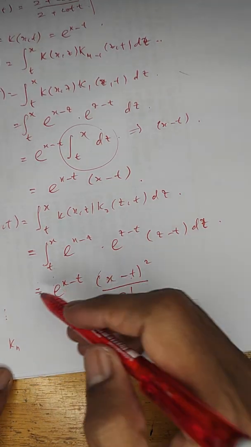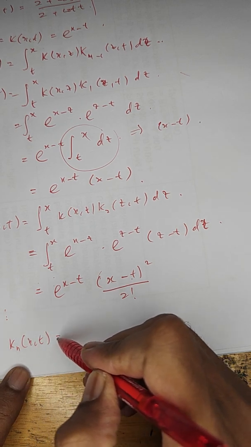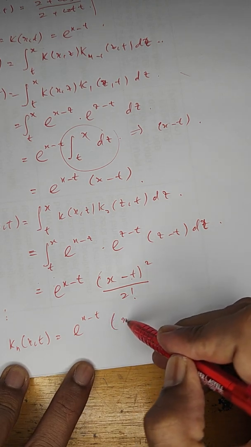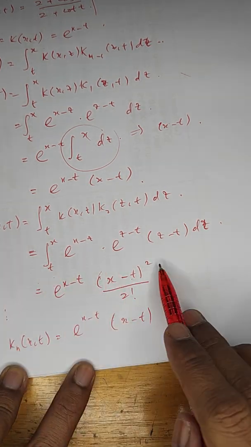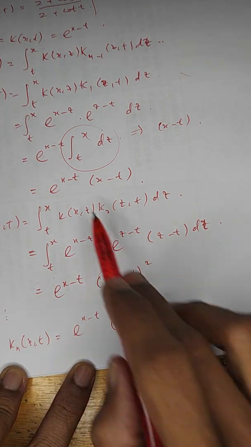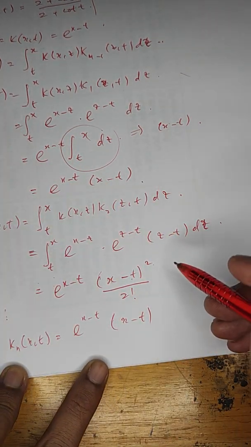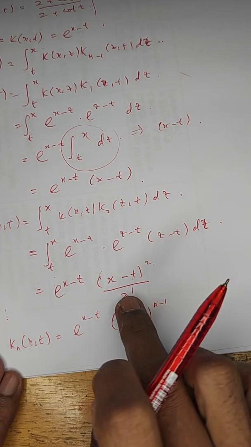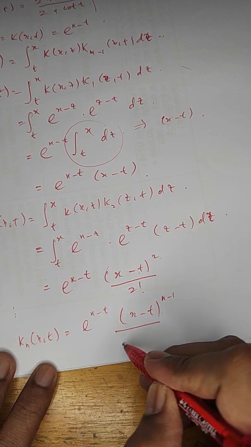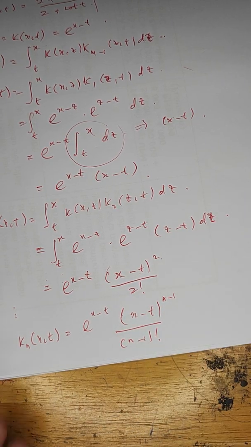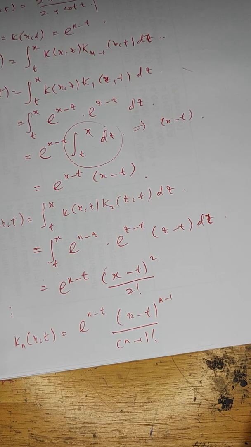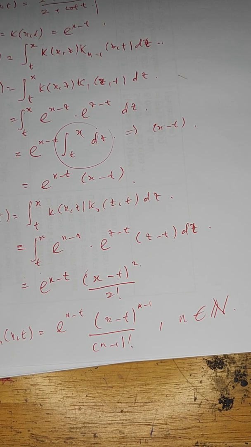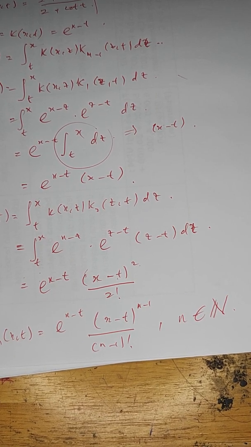Kn(x,t) is e^(x-t)(x-t) to the power n minus 1, divided by n minus 1 factorial, for all natural numbers n: 1, 2, 3, 4, 5, and so on.